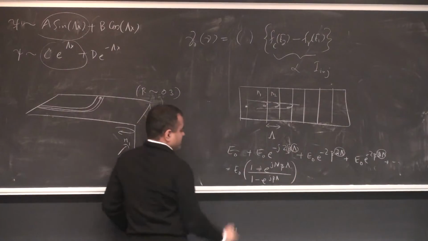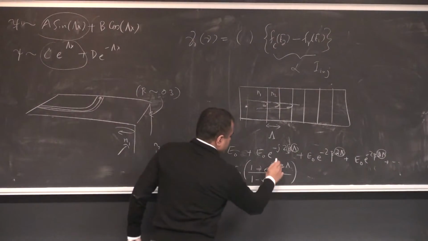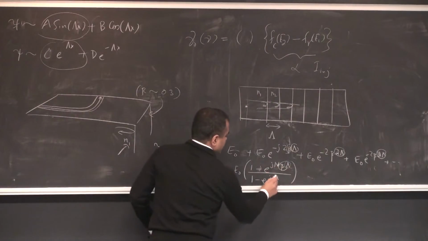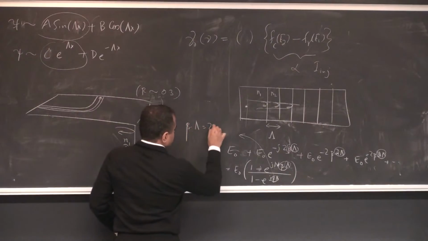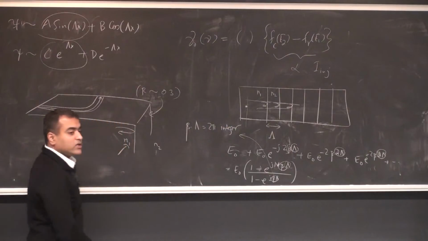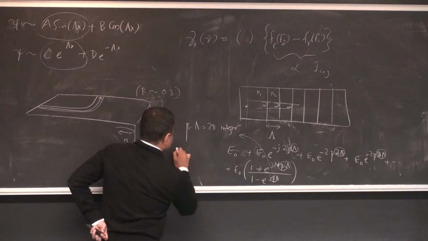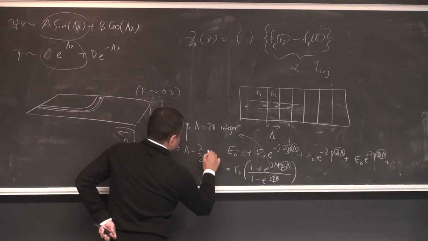So you get a sinc function, and if you choose your thickness such that beta times this is 2 pi times an integer, then you get coherent reflections. This essentially means that your thickness should be lambda by 2 of the light times an integer, right?